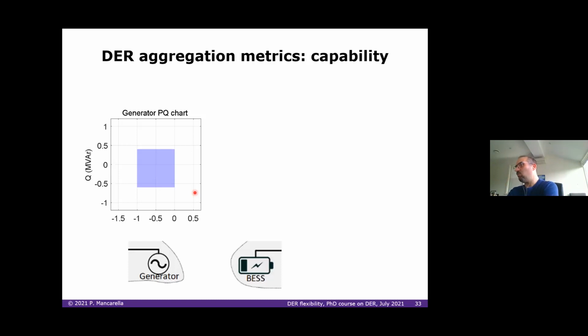And then what if you have a battery? What are the characteristics of a battery? By the way, when you look at this, as you can see, in terms of reactive power, we have both positive and negative reactive power control. Of course, in terms of active power, you only have negative. It is negative because in the previous slide, we assumed that directional power is coming into the system, so it's positive for load.